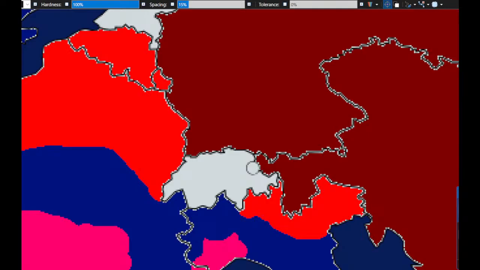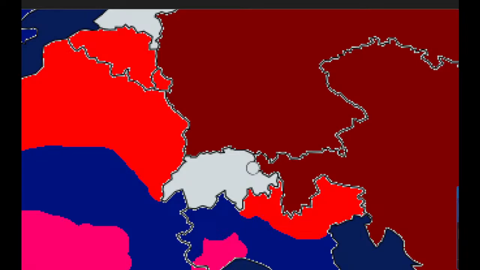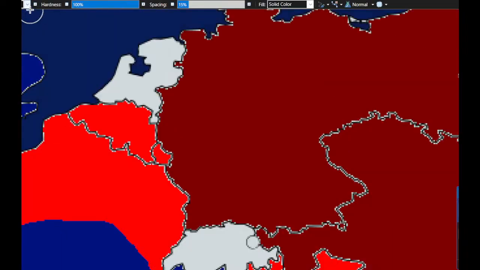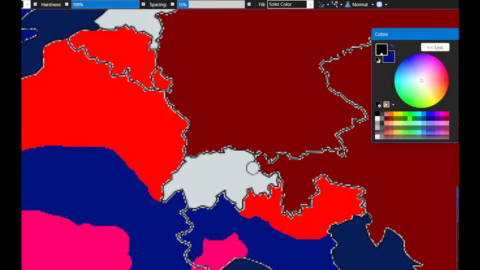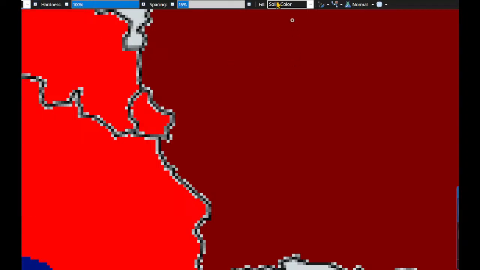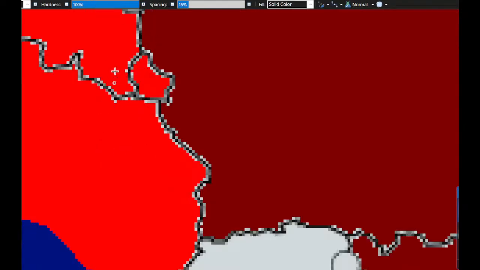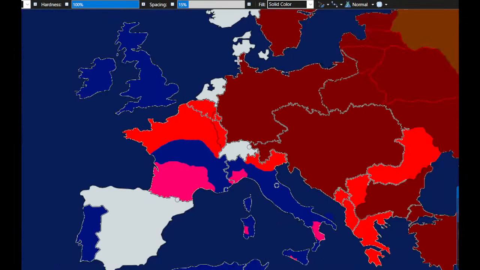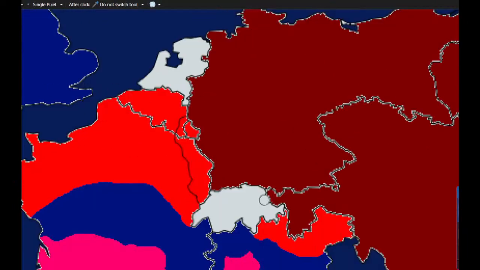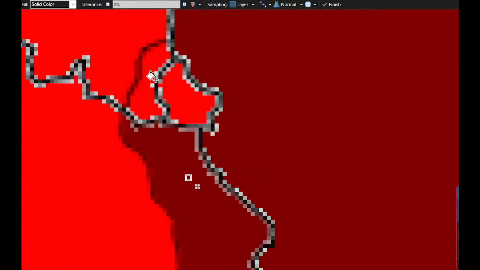So Germany gets a bit of land, not that much. I mean, Germany gets a bit more land from France, but don't they always?